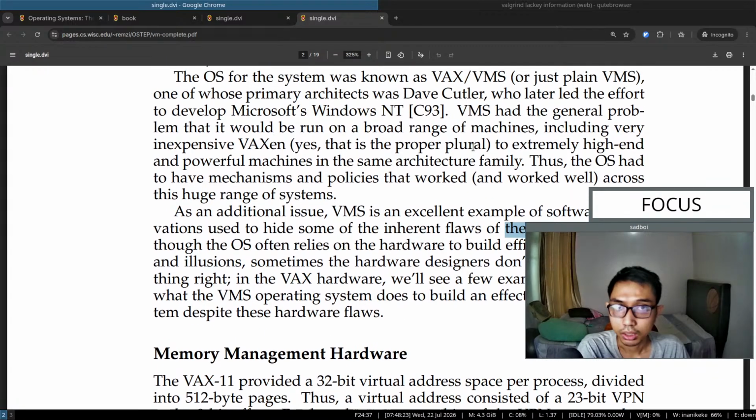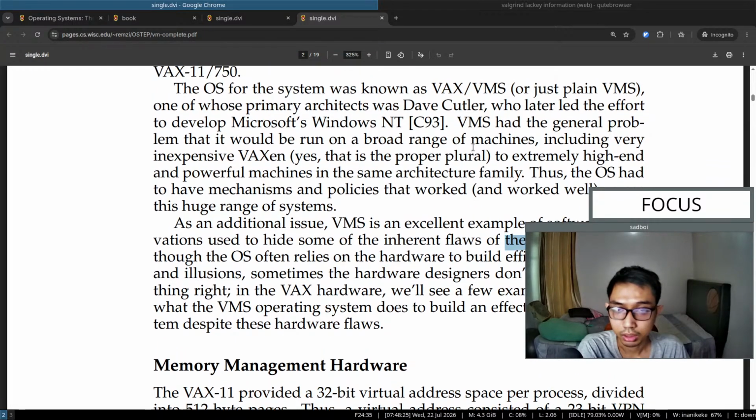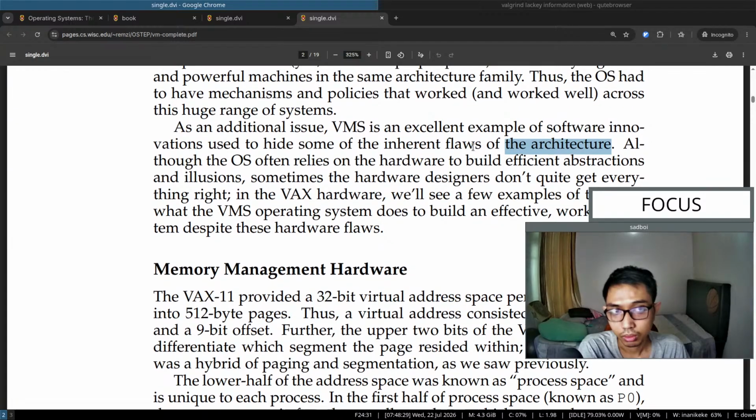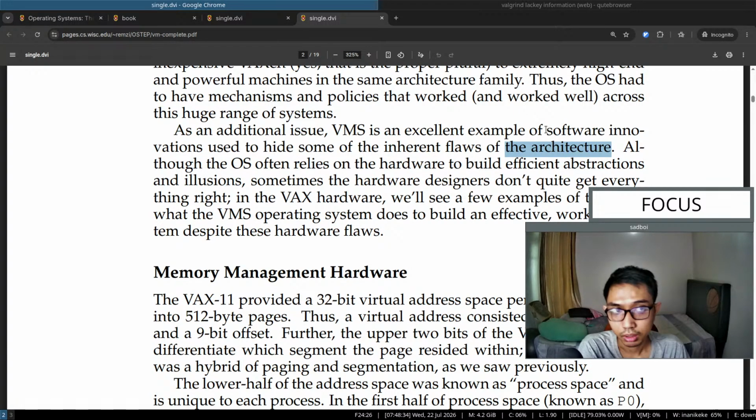I assume the architecture in here means the hardware architecture. So the software hides some of the flaws from the hardware architecture. Maybe something like that.